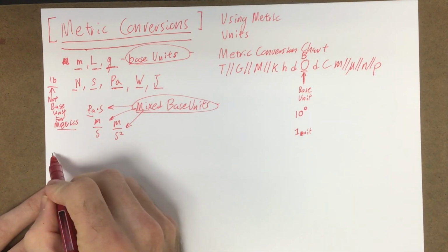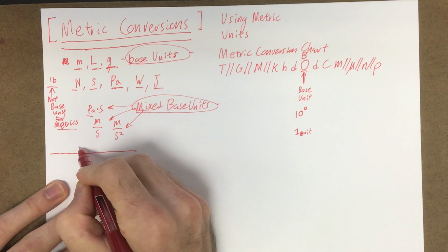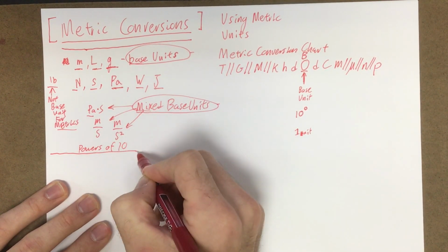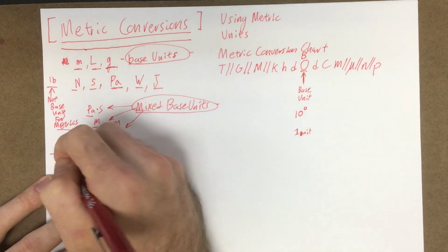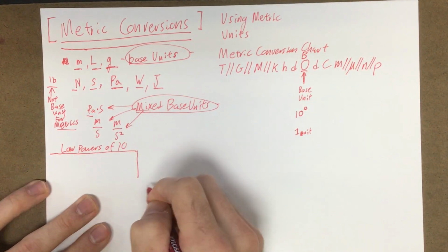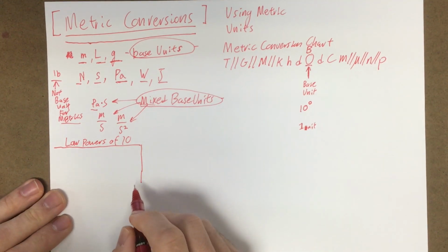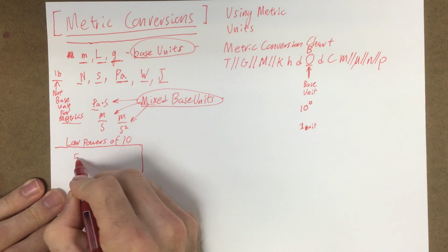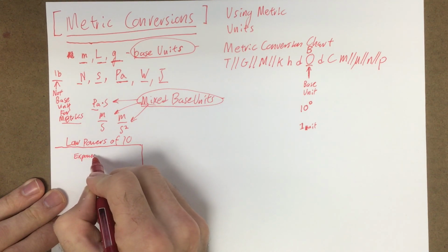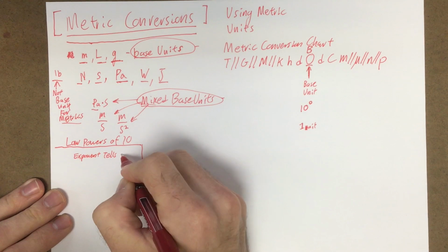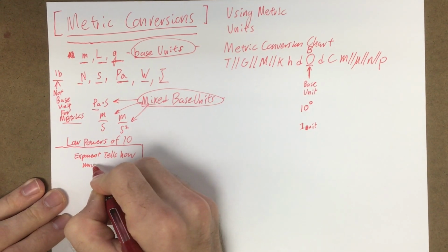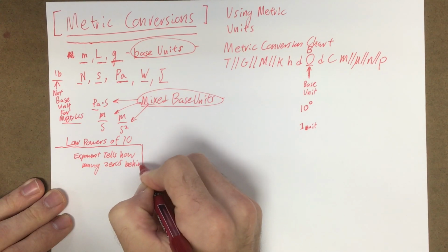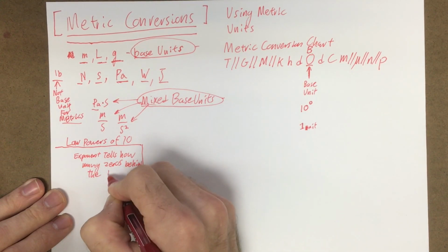If we think about our law for powers of 10, let's think about this for a second over here. Our exponent tells how many zeros behind the 1.